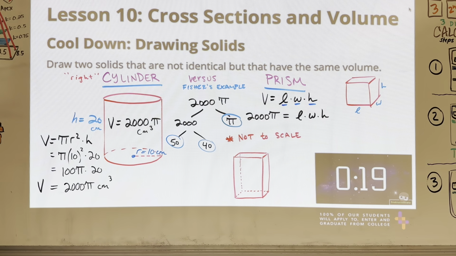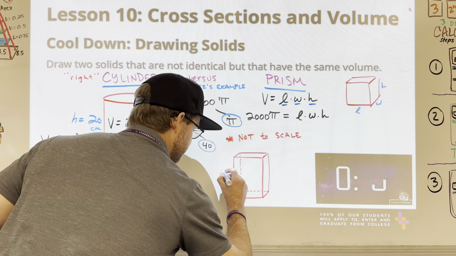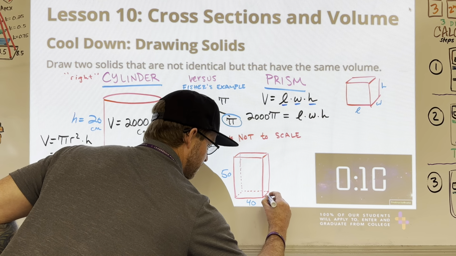Okay, so we now have a prism. We're gonna call this 50, 40, and pi.